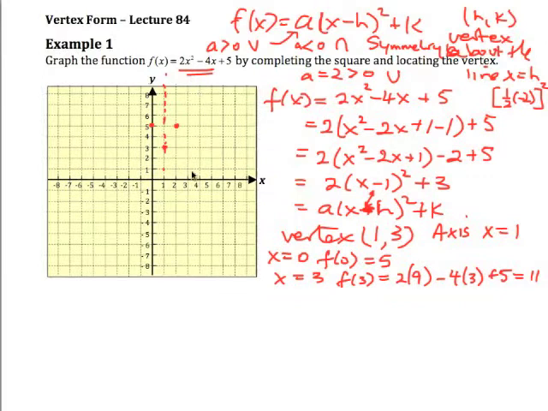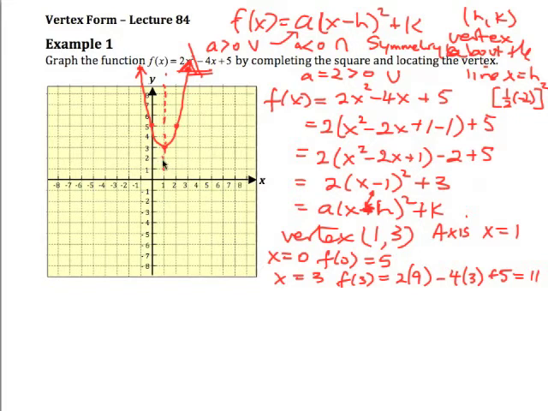So I need 11, which is a little bit off my graph here. So this is 9, 10, 11. So we go here, and so we end up over here as well. Let's get that out of the way. So it's going to be about here. That means that our curve is coming down like this, around and back up, like so. And that's going to be our curve.